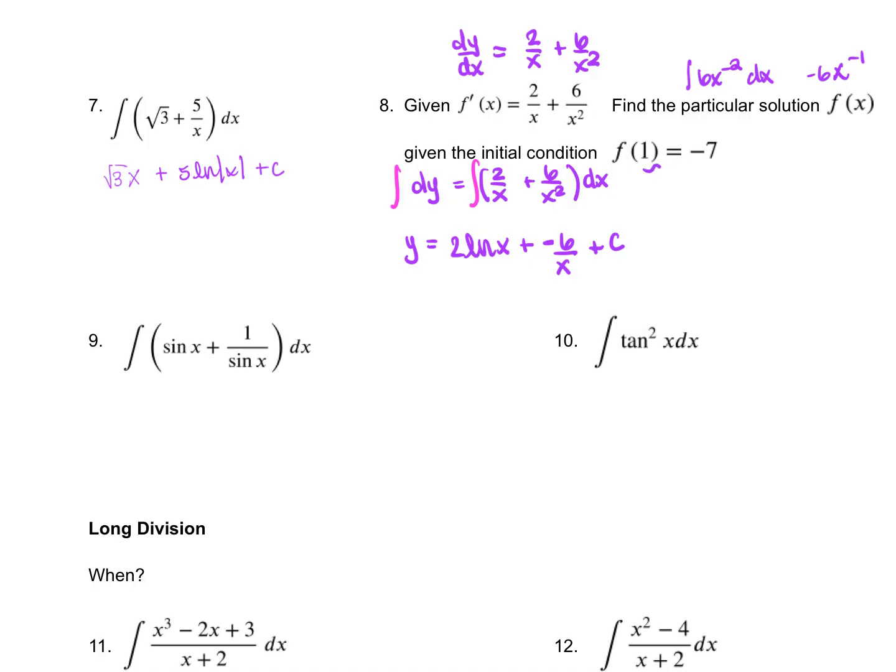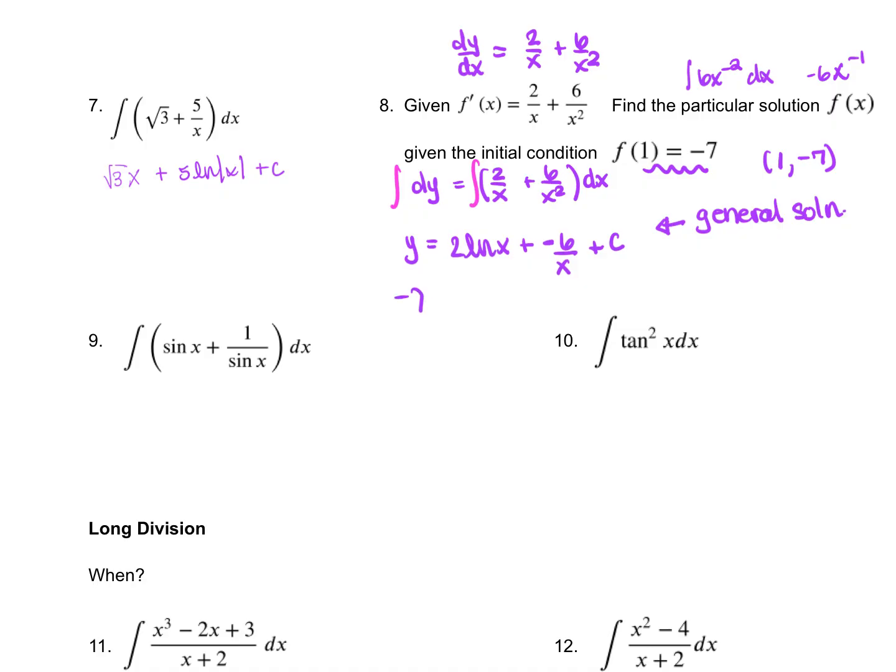Now we can use our initial condition to pinpoint the particular solution. This one right here is called the general solution. It's the one with c before you use your initial condition. But we do have this initial condition, says that if we plug in 1 for x, we're going to get negative 7 for y.